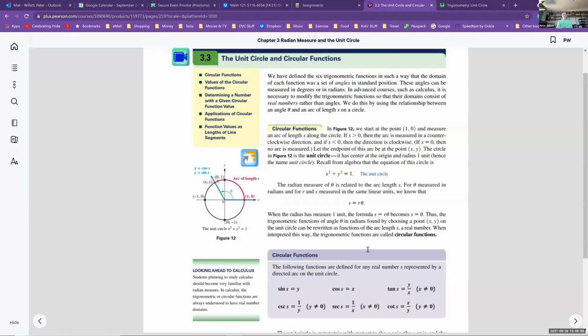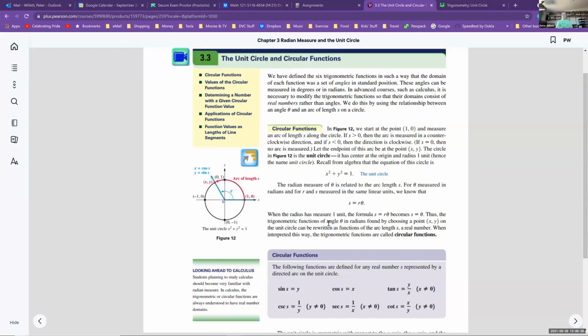So if we look at this paragraph right here, it says when the radius has measure 1 unit, the formula where S is the arc length, which is equal to R times theta, simply becomes that S is equal to theta. And so that's the very reason that initially I suggested we just think of theta in radians as how far you are around the unit circle, because those are the same thing.